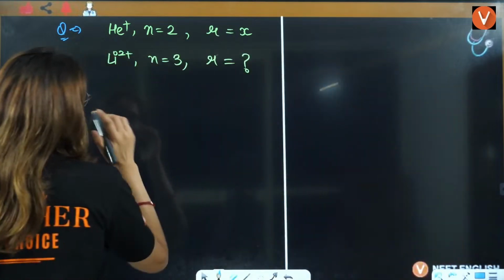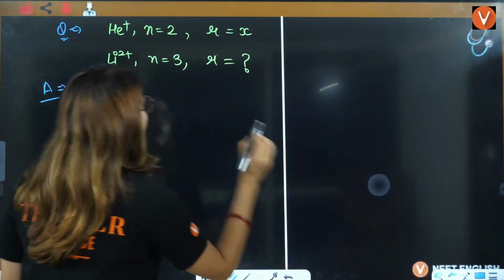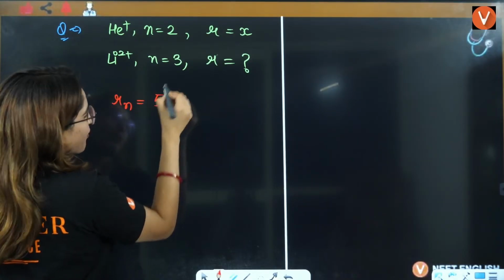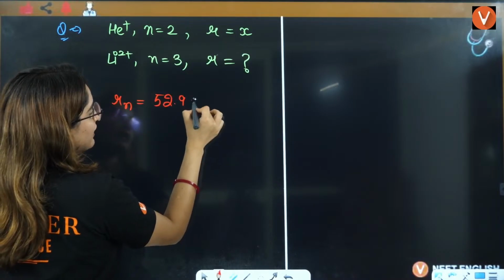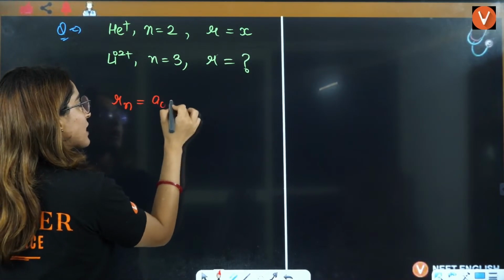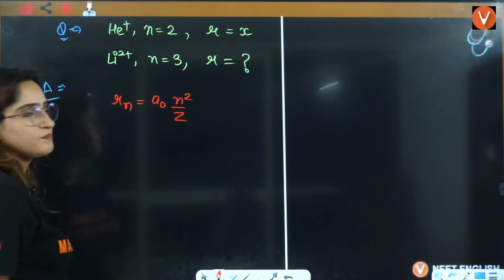In terms of x, if you have to answer, we know that radius is equal to, let's talk about it in picometer, 52.9 n square by Z, right? Or rather, I would write it as a naught n square by Z, okay?